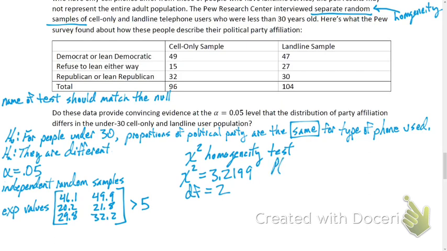And our p-value, chi-squared is a positive skewed distribution, so it's always a greater than. And our p-value was .1999, which is greater than alpha. So we fail to reject.